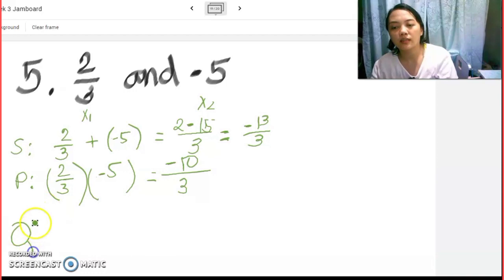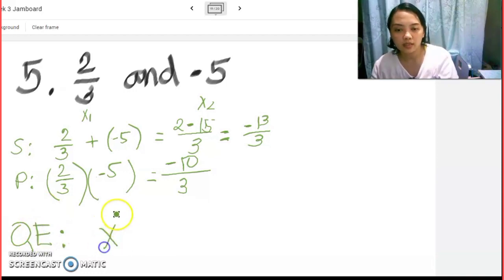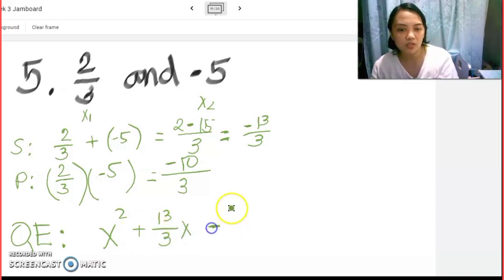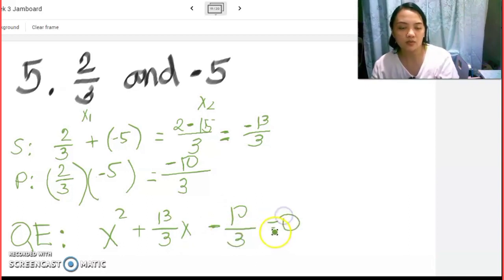Okay, so the quadratic equation now is x squared. Since the sum is negative 13 over 3, it becomes plus 13 over 3x, then minus 10 over 3 equals 0. Again, we have a fraction.